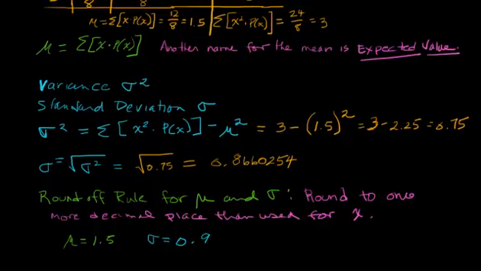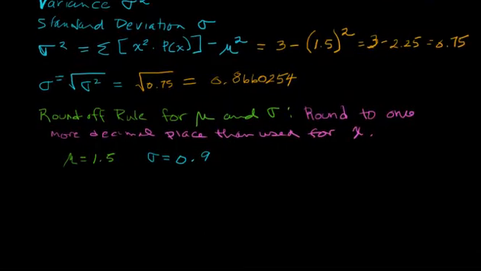Now an important part of this is to come up with my interpretation of my results. So here's my interpretation. I would be saying that the mean number of heads in 3 tosses is 1.5 heads.